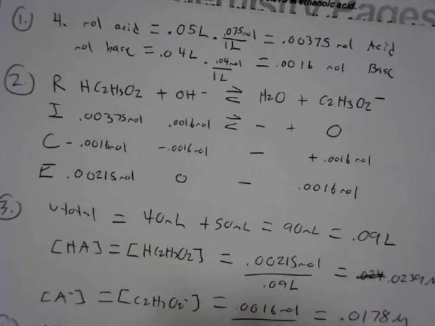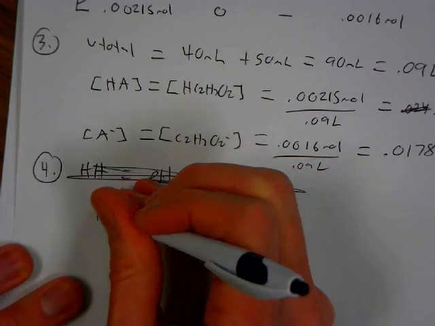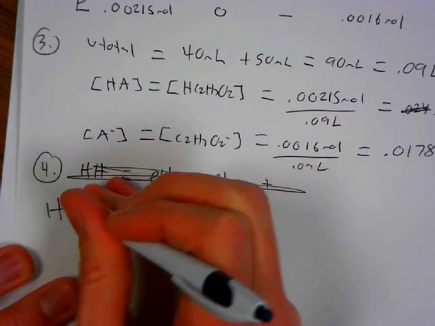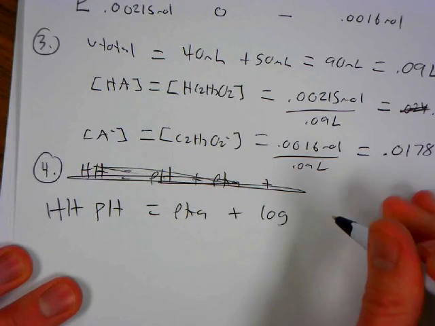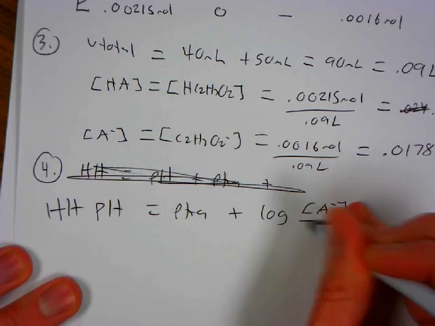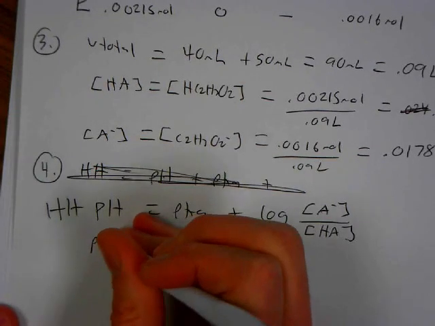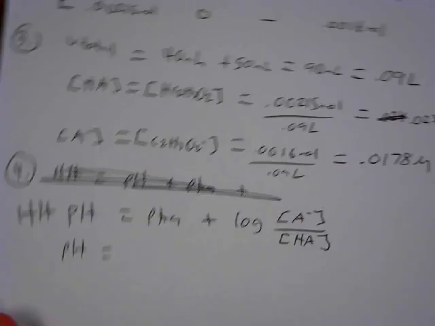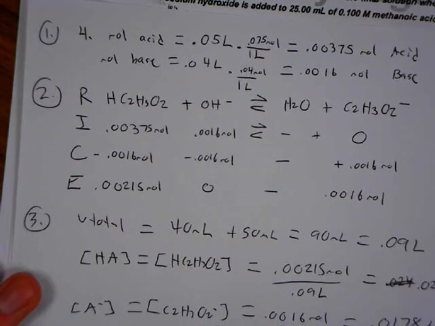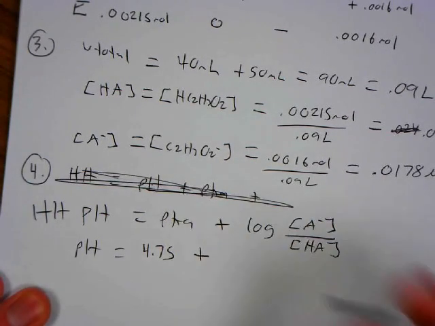So now, Henderson-Hasselbalch. Step 4. This is the Henderson-Hasselbalch equation: pH equals pKa plus log of my concentration of A minus over my concentration of HA.